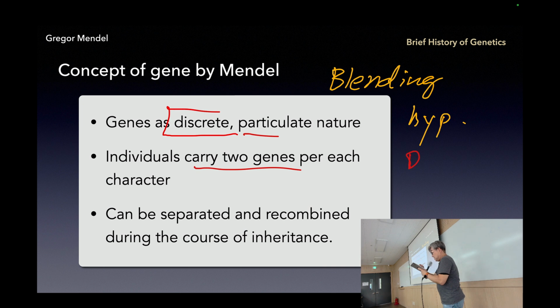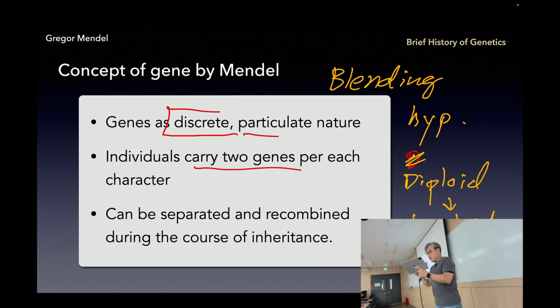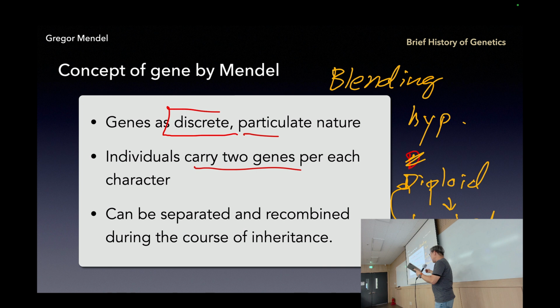Something like you originally exist as a diploid, and during sexual reproduction you temporarily become haploid, right? As a gamete, sperm or egg, and then reunite, and once you become a fertilized egg, you recover this diploid status.